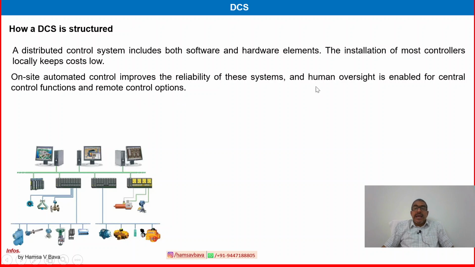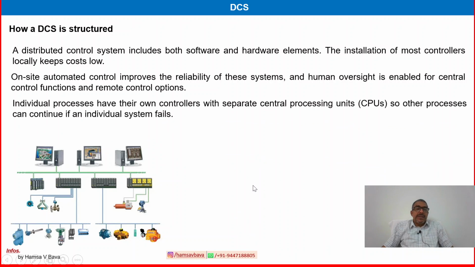Individual processors have their own controllers with a separate central processing unit, CPU, so other processors can continue if an individual system fails. That is also possible. Different control systems are there in each processor, so if one fails, we can run, or the other system will continue to work.